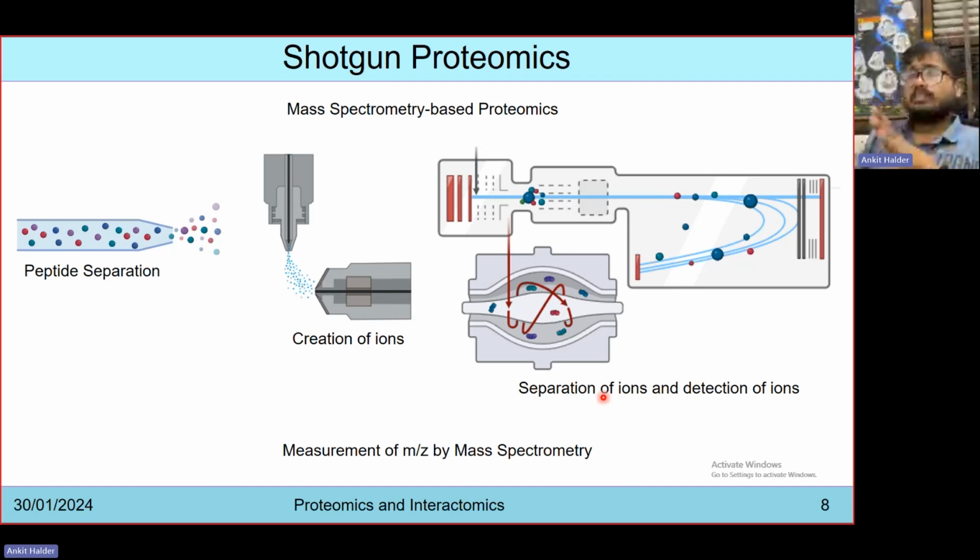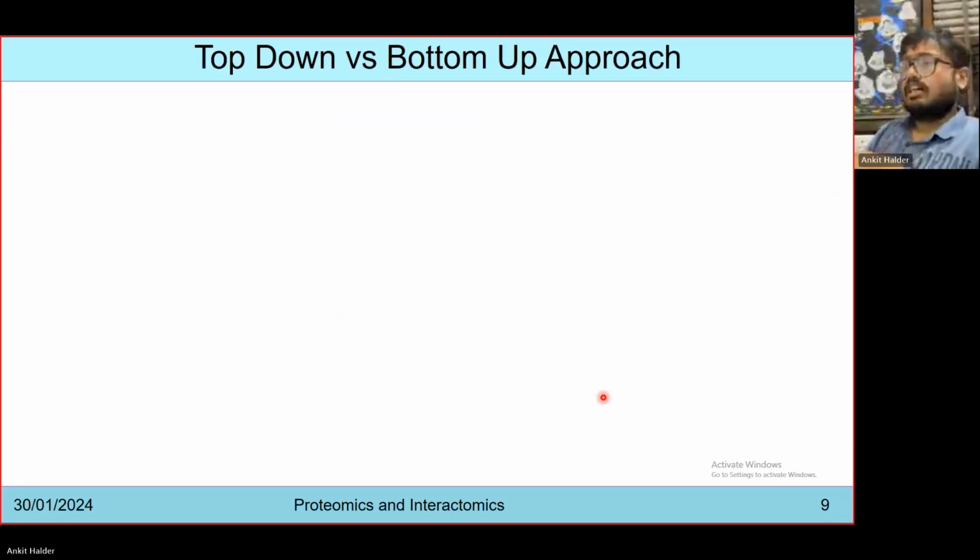So this is basically the concept of how the mass spectrometer works with three different phases, and the major thing that gets measured is the m by z for the particular ions.